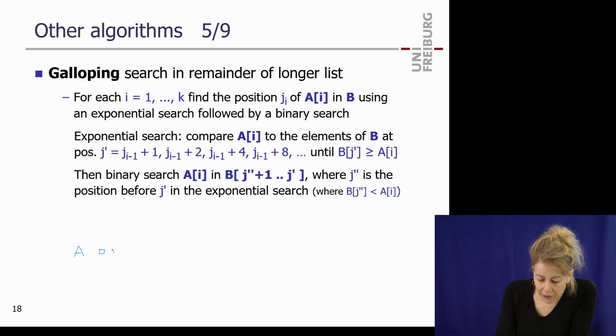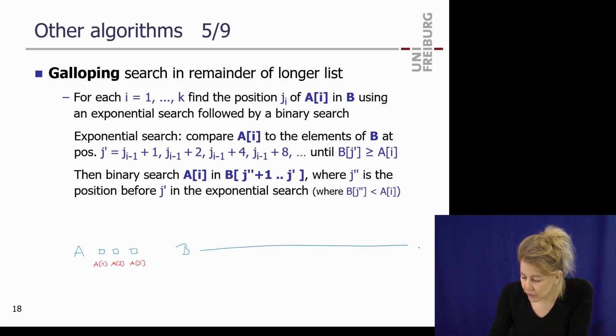So let's again assume we have, doesn't really matter how many, 3 elements here. And now we want to locate them in the large list. Here's my large list.